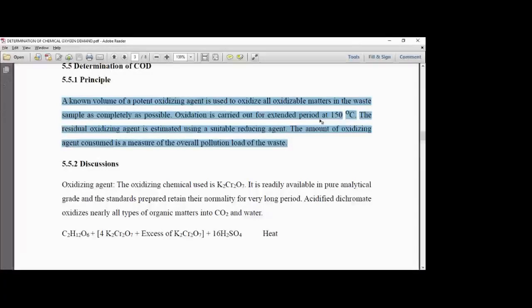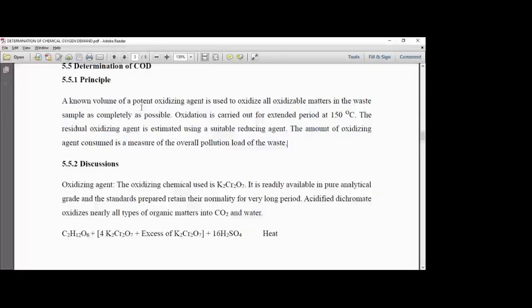So I'll be using 10 ml of K2Cr2O7, and I'll be adding it to oxidize all the oxidizable matter. I'll be carrying out that particular test at 150 degrees Celsius for 1.5 hours.